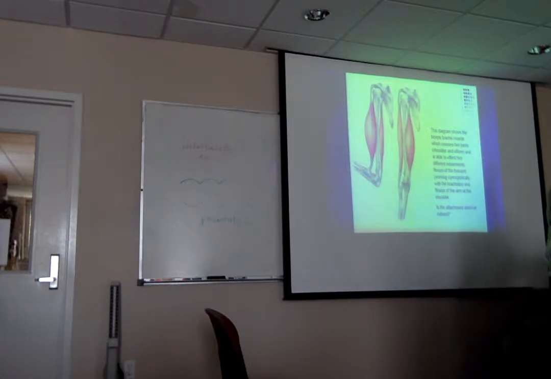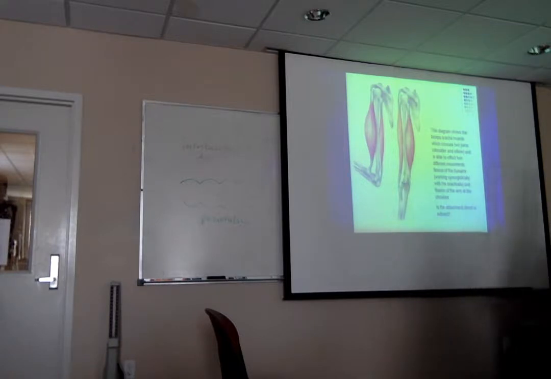Because it's spanning two different joints, it can bring about flexion of the arm at the shoulder, but it can also bring about flexion of the forearm on the elbow. Because it's crossing two different joints, it can bring about angular movement in two different joints. Now, is the attachment direct or indirect? It's indirect. You see tendons there.